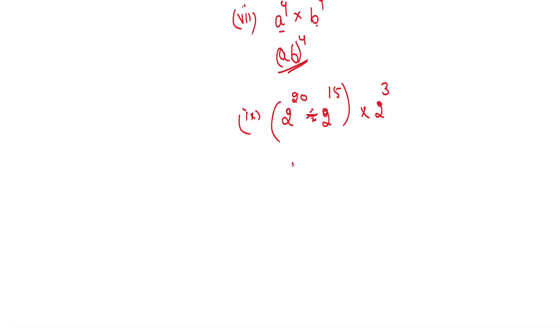So you have to subtract the powers. That it is 5. Multiply 2 raised to the power 3. Now there is a multiplication. So you have to add the power. So the answer is 2 raised to the power 8. Okay. Now the 10th part is for the homework. Now I move to the question number 2nd.